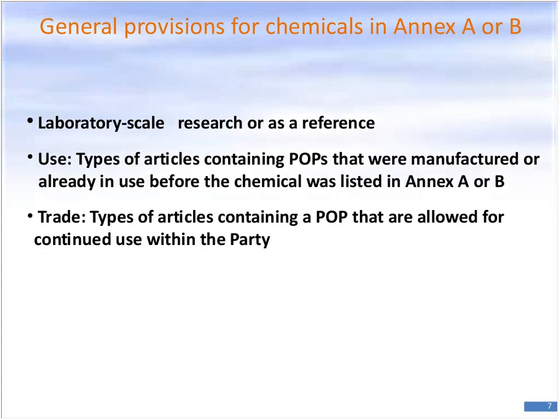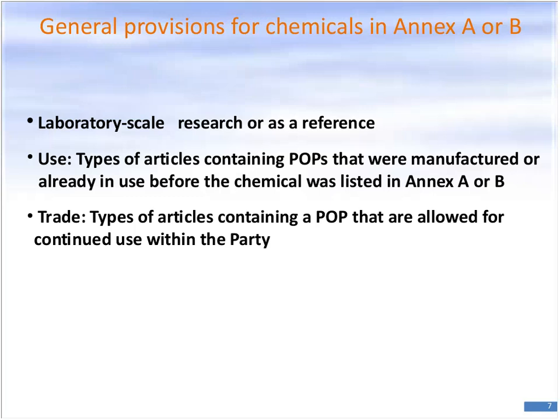POPs which are for research or as a reference standard on laboratory scale are still allowed to be used, although a chemical might be totally banned under the convention, like, for example, aldrin or chlordecone as a pesticide. But you still are allowed to export, produce, and import reference standards, which is very important if you want to analyze these chemicals in environmental matrices or in products.